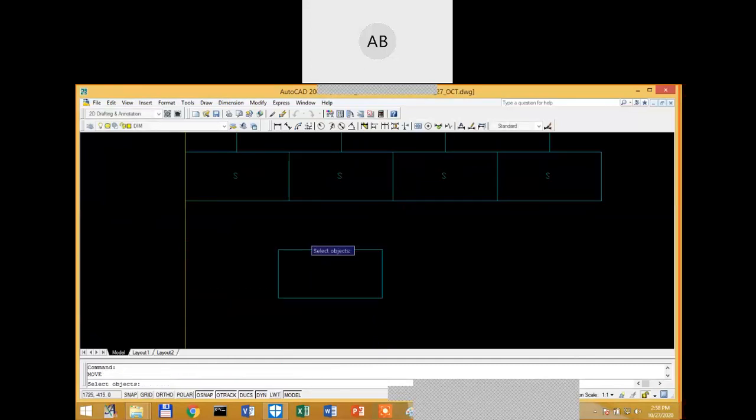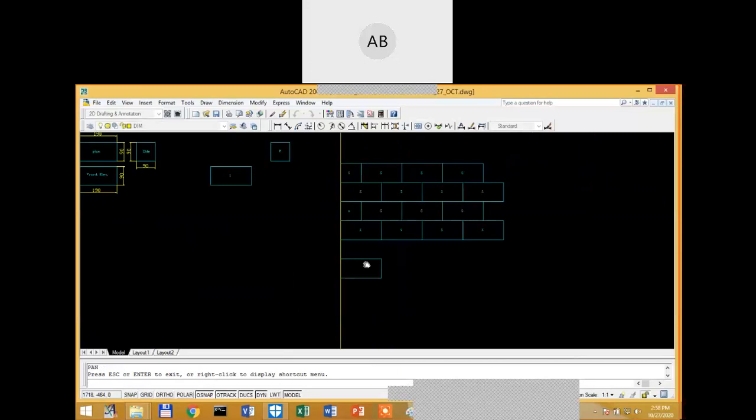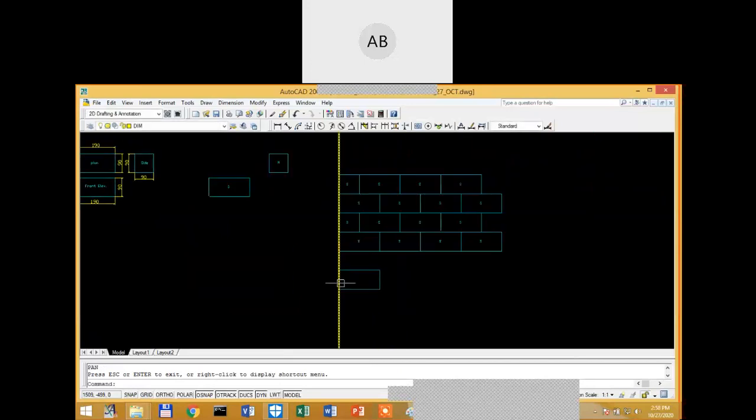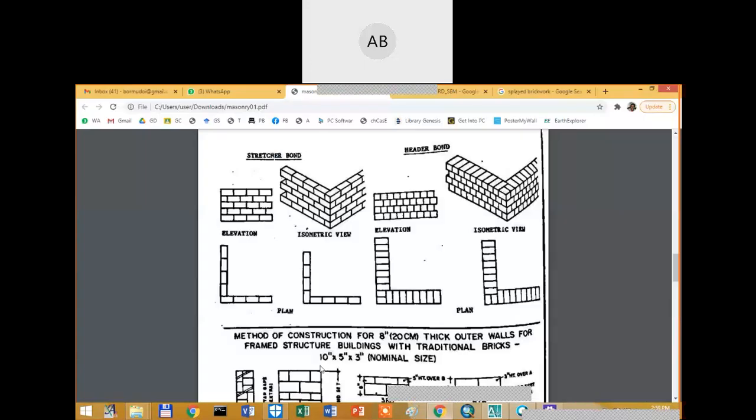Move it to here. Okay, so how will it look like? Remember, this time we were drawing the plan view. This is the plan view.